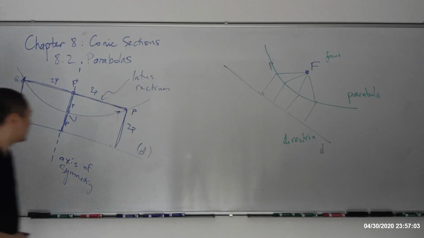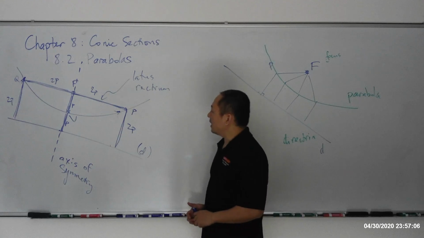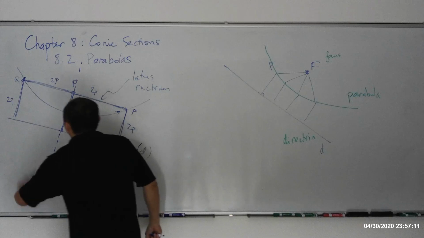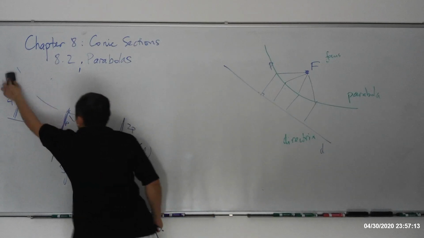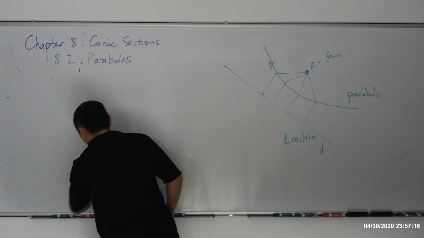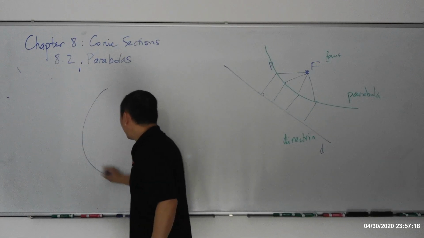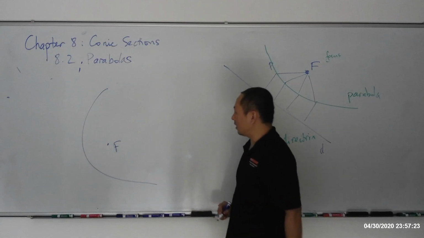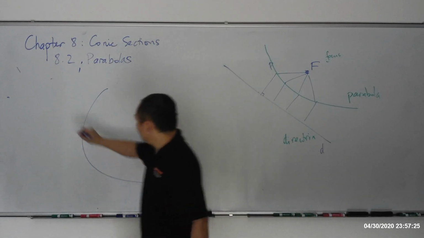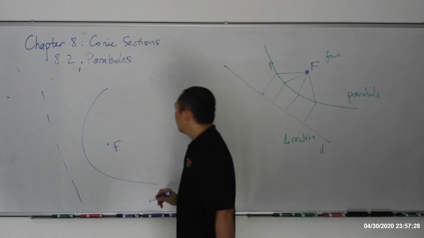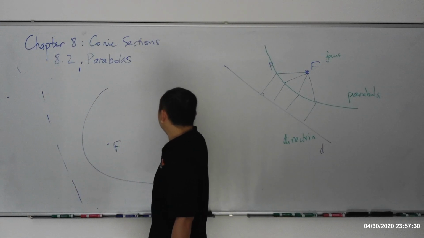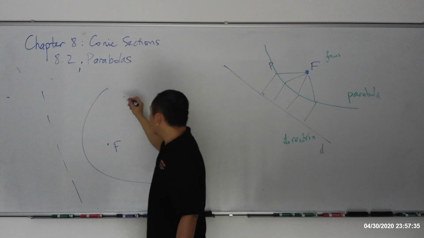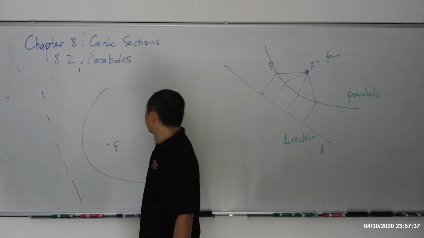Some information about this. Let me show you some applications and uses of it. Let me redraw the graph. So basically we have a parabola, we have the focus right here. Oh, by the way, this is the directrix. Think of the parabola as a mirror, coated on the outside, so it will reflect light.